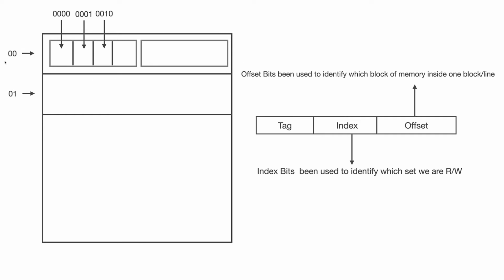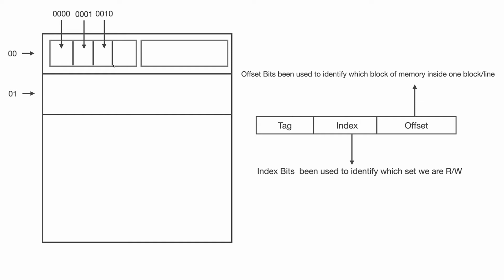Inside one set, we can separate into 2 smaller spaces, which we call lines. In this case, we have 2 lines, which results in associativity equal to 2. Basically, associativity represents the number of lines inside one set.